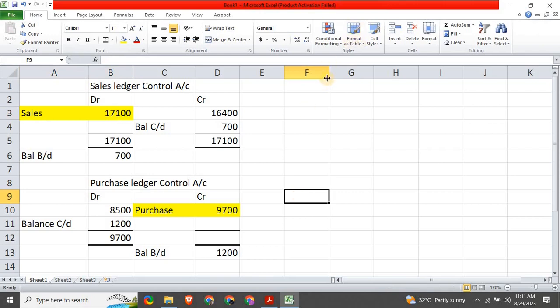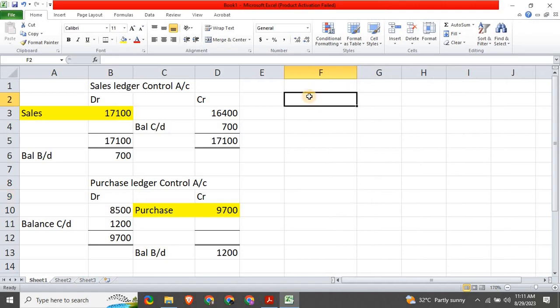In order to find out the profit, we need sales and we need cost of sales.